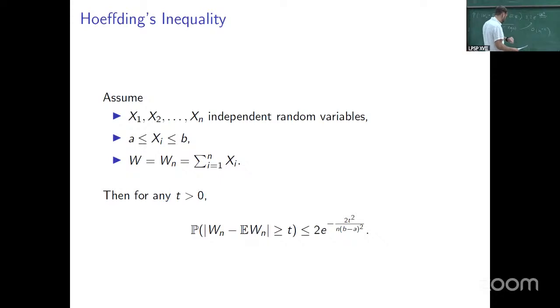Okay, I'm not going to prove this, but we are going to use a very important tool that's the basis of many concentration inequalities, and that's called the Chernoff method.